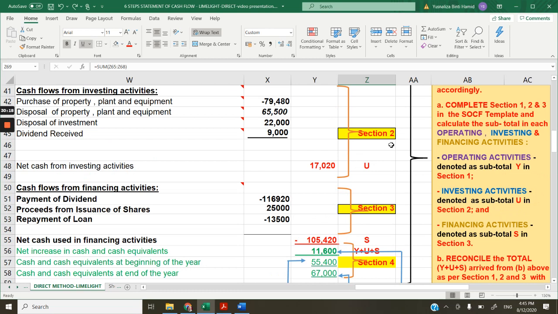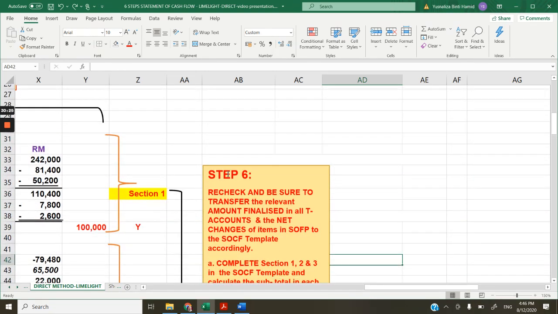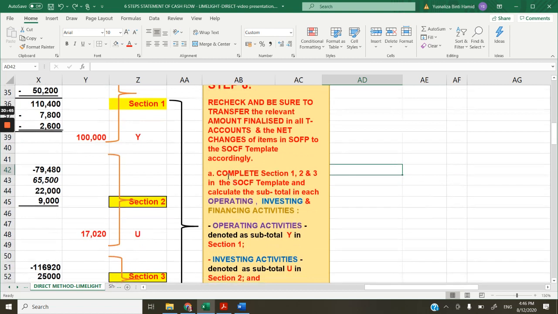So we were doing the next checking, which is step 6. You can skip this step, but I would always suggest it be done, where you recheck and be sure to transfer all the relevant amounts that you have finalized in the T accounts that we reconstructed, and also the net changes in the items in the SOFP, to the correct section in your statement of cash flow template.